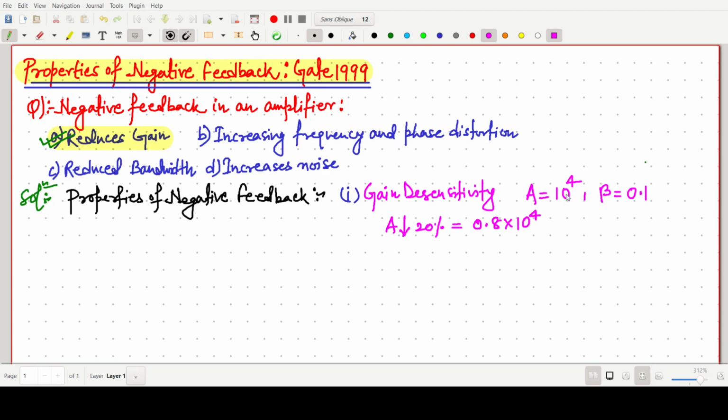Initially it is 1 into 10 to the power 4. Now 20% reduction means 0.8. And beta I am taking the same.